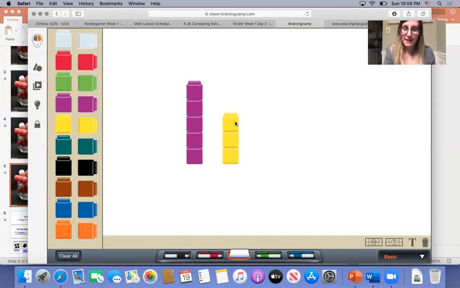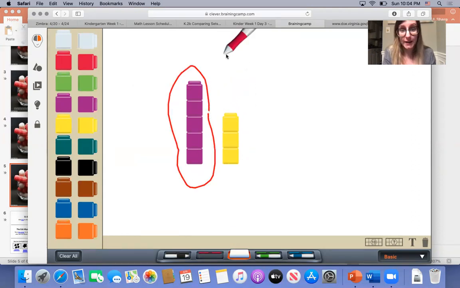Do you see how I have one tower that's greater than the other tower? It's bigger. It's greater. That's really important.